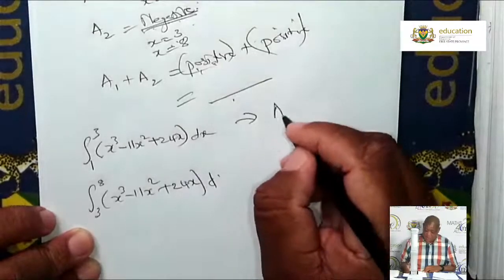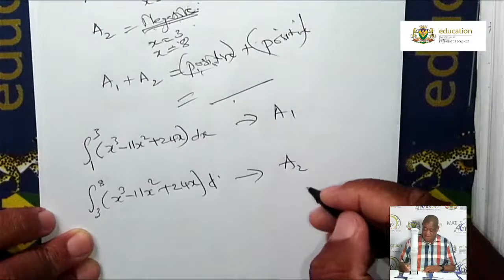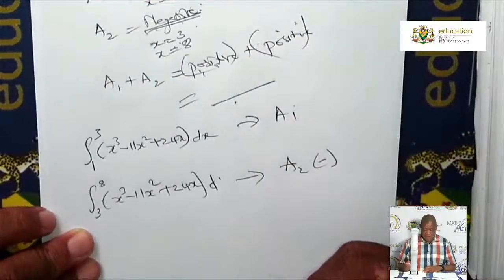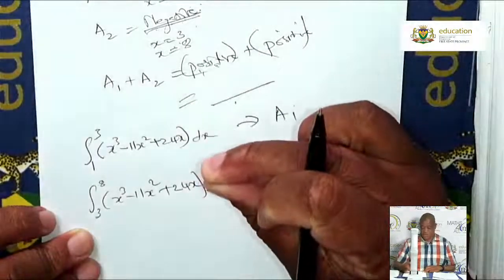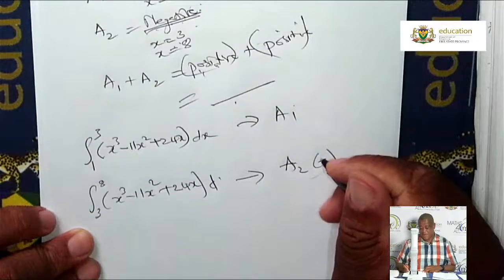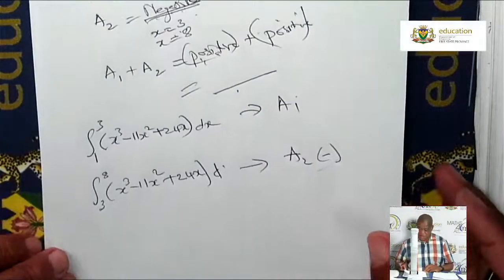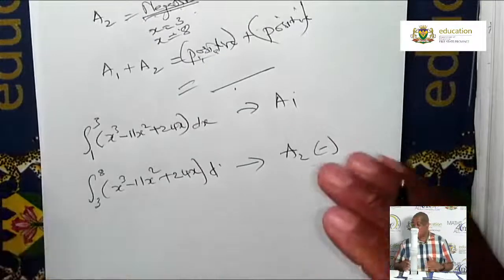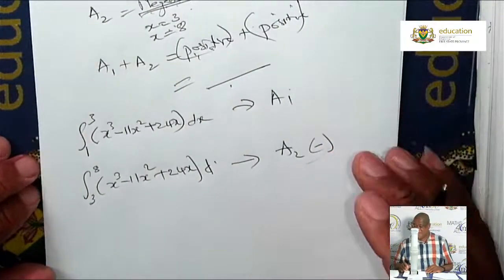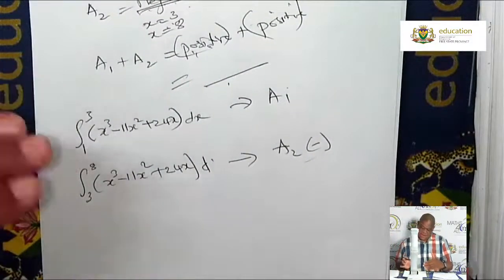This will give us the area of the first, and this will give us the area of the second. This will be a negative area and that a positive area, but we add the two, considering both as positive, and that will give us the final area bounded by the curve and the x-axis.